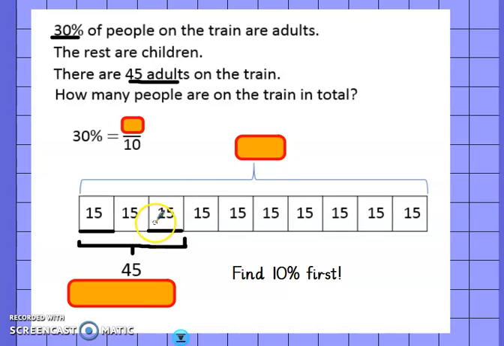Then we would have to work out the whole. As you can see, 15 times 10 is 150. That means there are 150 people on the train in total. If you're not sure about how to work them out, then please do keep going through these slides until you understand it, because they will help you to work it out.